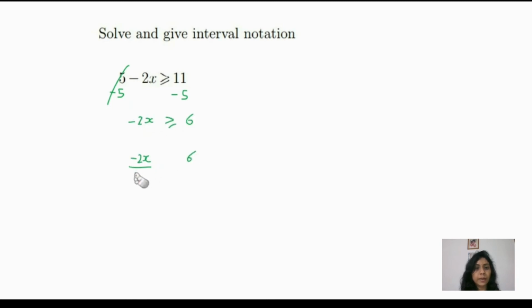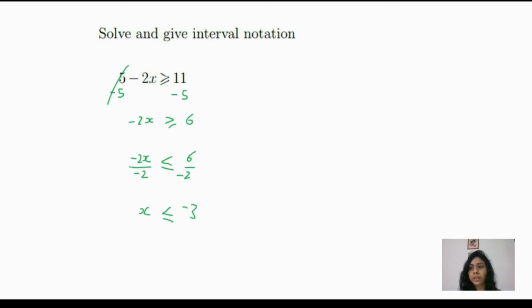Here we divide by negative 2, so the inequality sign changes. Last time it was greater than or equal to, now less than or equal to. So now x ≤ 6 divided by -2, which is -3.